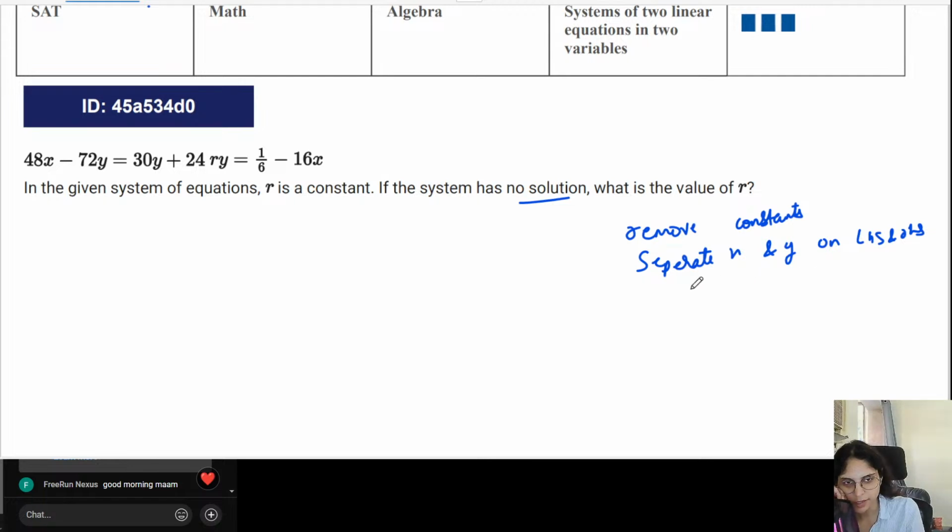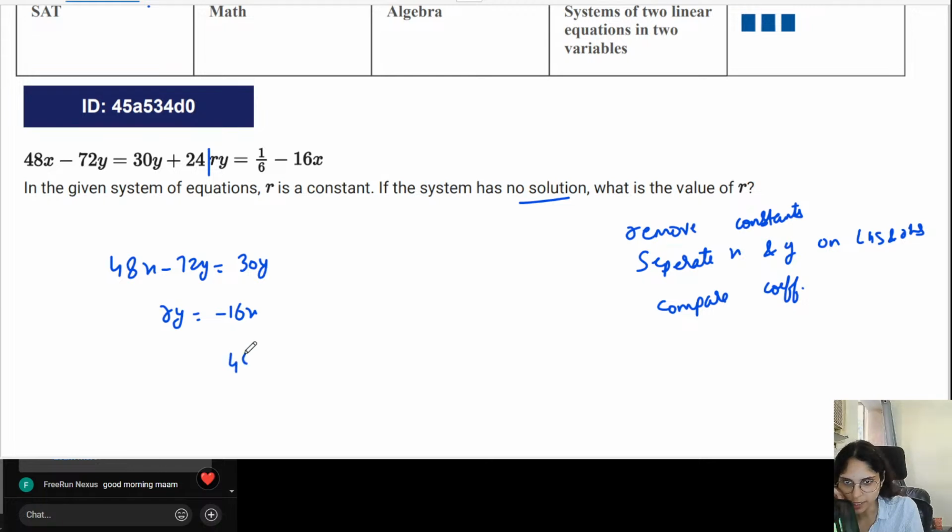LHS means left hand side, RHS means right hand side. And then just compare coefficients. So you have 48x minus 72y equals 30y. Forget about 24. Then you have ry equals -16x.